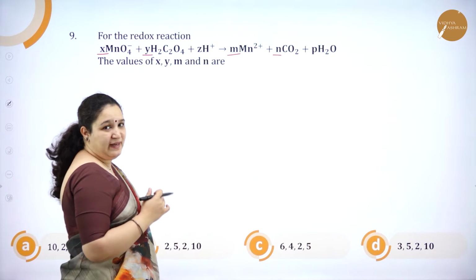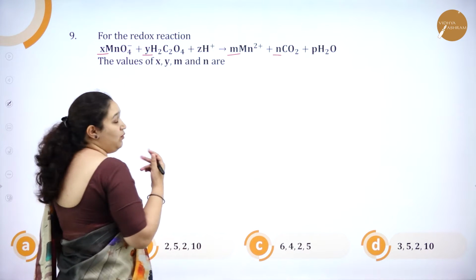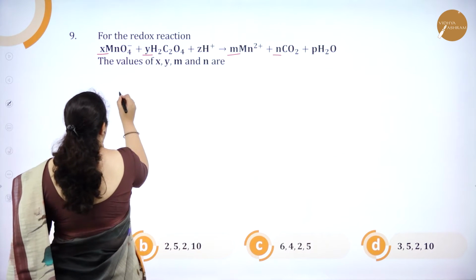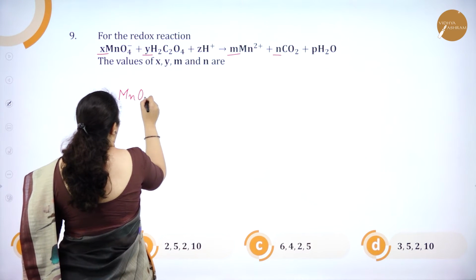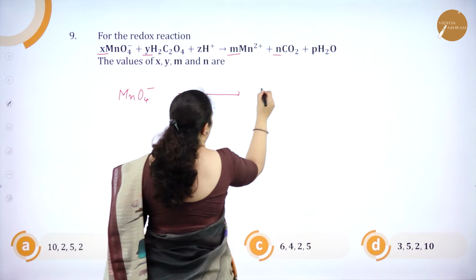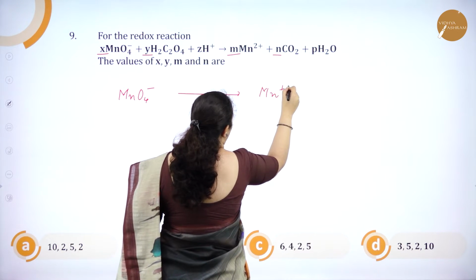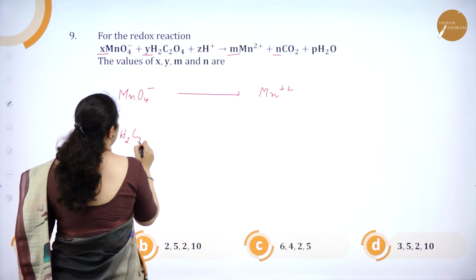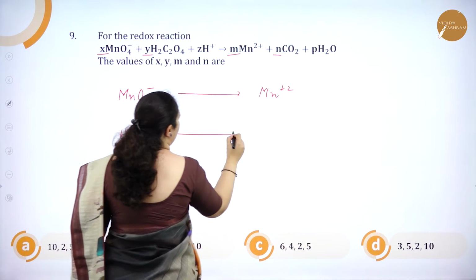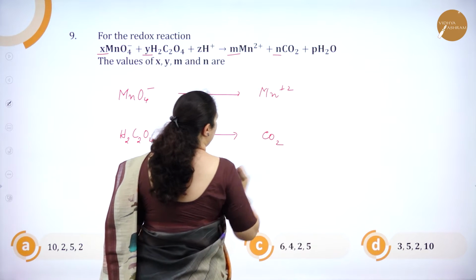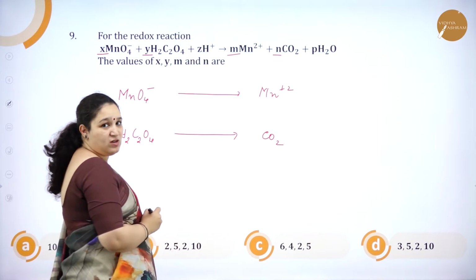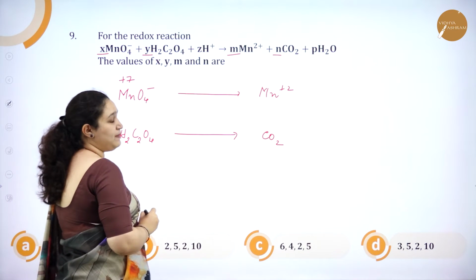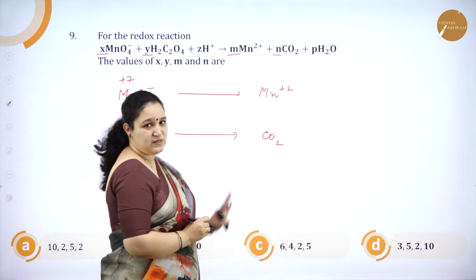I will separate and write two equations which are undergoing oxidation and reduction. MnO4 minus gives Mn plus 2, and H2C2O4 gives CO2. Find out the oxidation states. The oxidation state of manganese is +7 here, and here you already know it is +2.